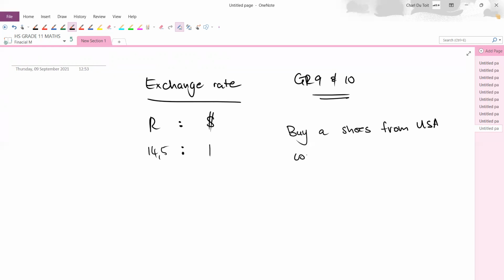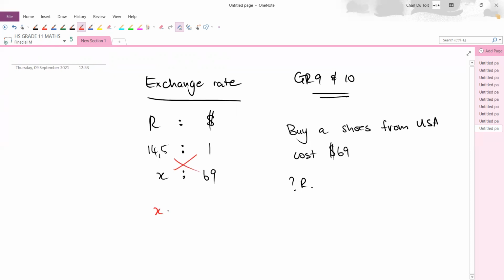And it costs $69. How much rand is it? It's simple now. Just put the 69 on the dollar side and x on the rand side, and then you just multiply across. So x is 14.5 times 69.